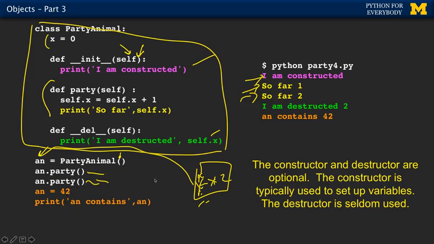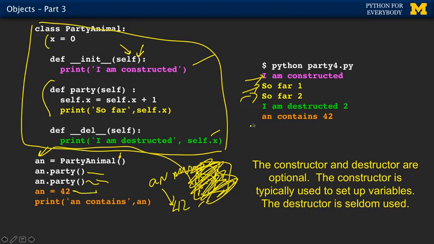The way to think about this is an sort of points to this object, and then we say an equals 42. It makes a new 42, and then an points to that, and this is thrown away. That's the destructor moment. In this line of code, it's going to say, before we throw this away, you've got a registered destructor, call the destructor.